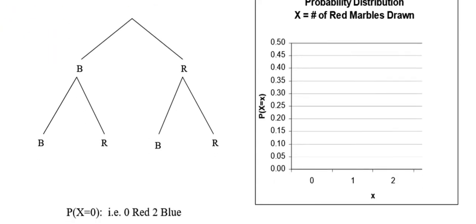In the first round, there is an 8 out of 20 chance of getting a blue marble, and a 12 out of 20 chance of getting a red marble. Because we are replacing the marble, that means the events are independent, so the probabilities don't change. So once again, there's still 8 blue marbles out of a total of 20 for the second draw. And there are still 12 out of 20 marbles for red for the second draw. And that's your tree diagram.